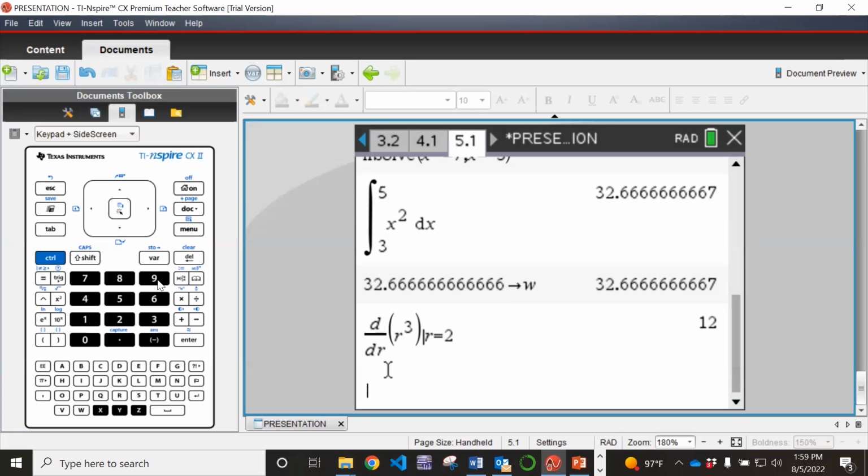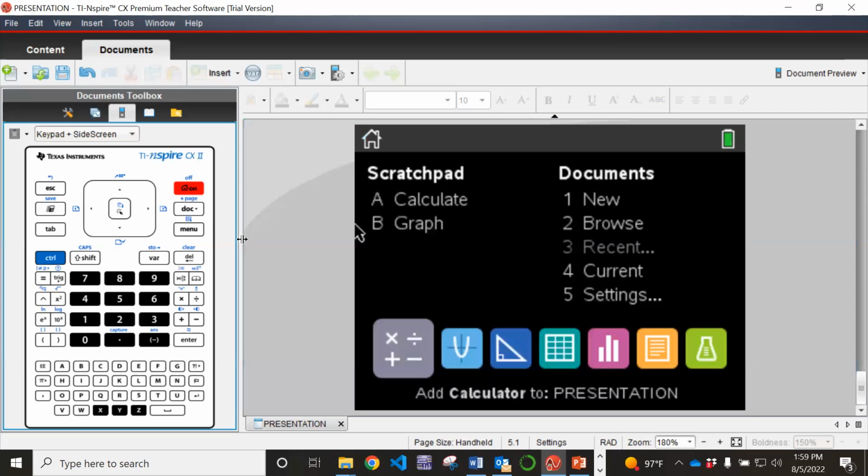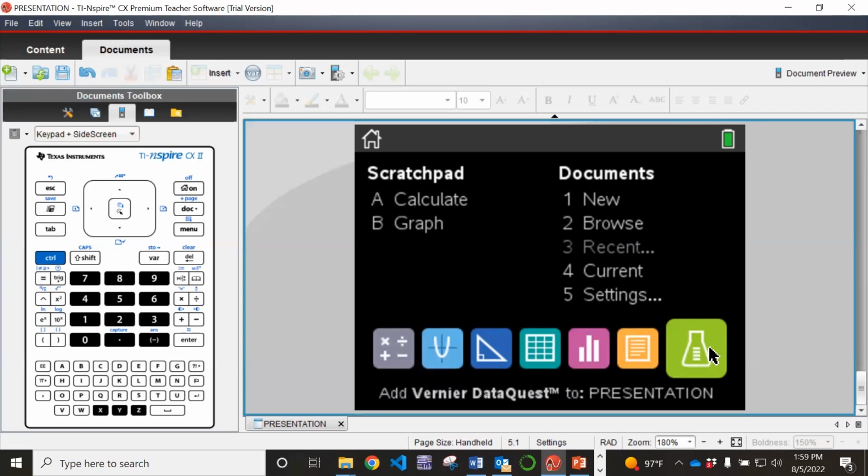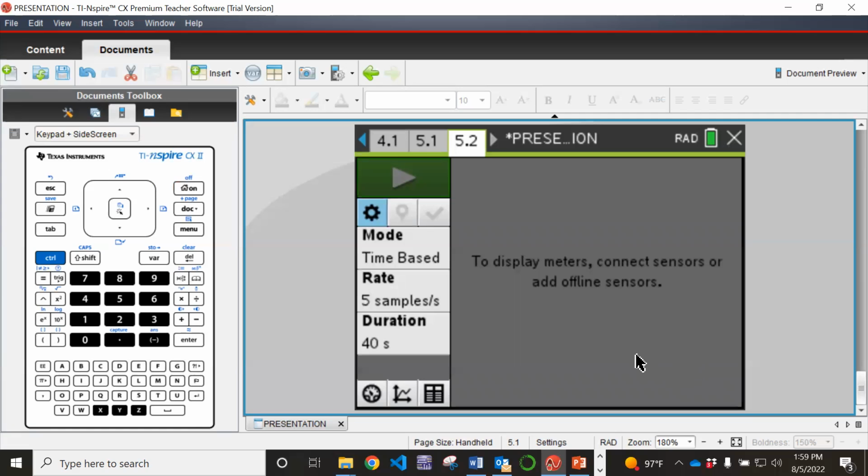All right. A couple other pieces that we have here along the way before we wrap up. I'm going to try to keep it right at an hour. If you want to use Vernier probes, you could go in here and insert this page right here. On the very top of your Nspire, you have that little micro USB, and you need to make sure it's a probe that works with the calculators.